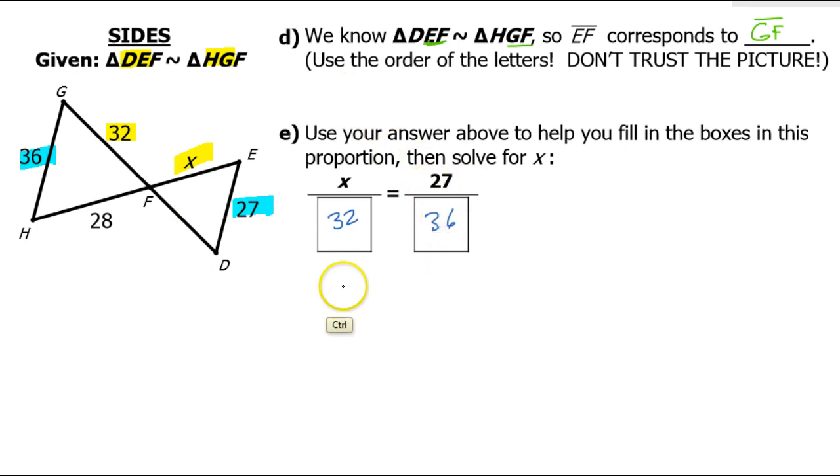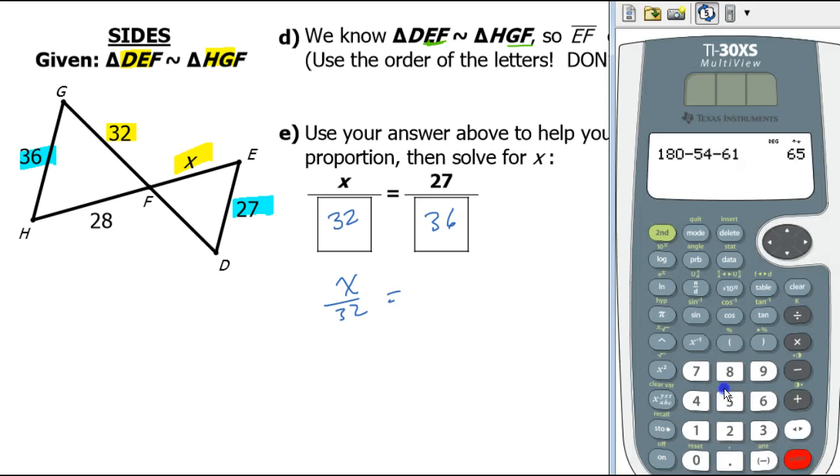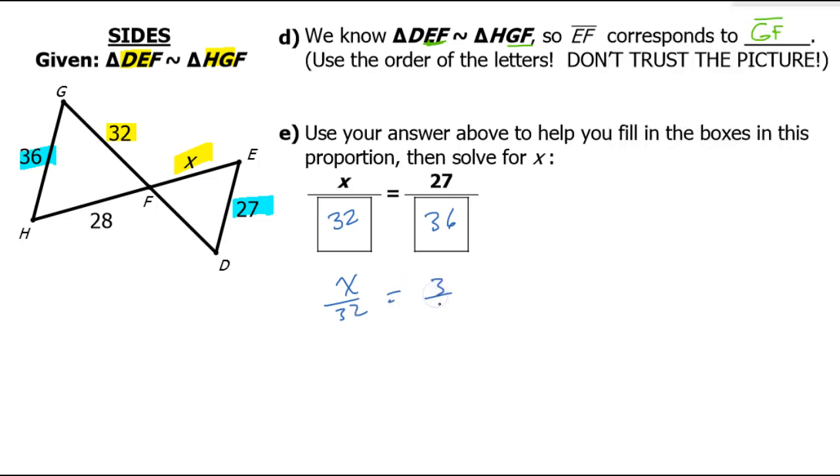And then we can solve this thing. So x over 32 equals 27 over 36. 27 over 36. Boom! 3/4. So that's 3/4. Let's cross multiply.